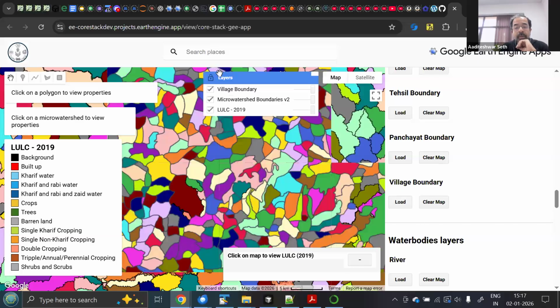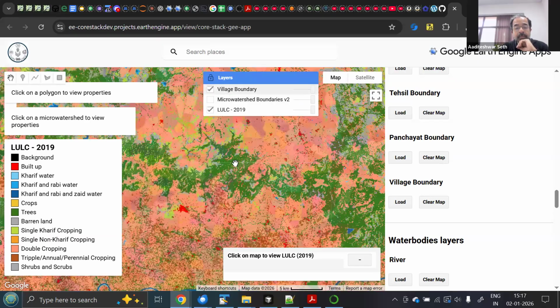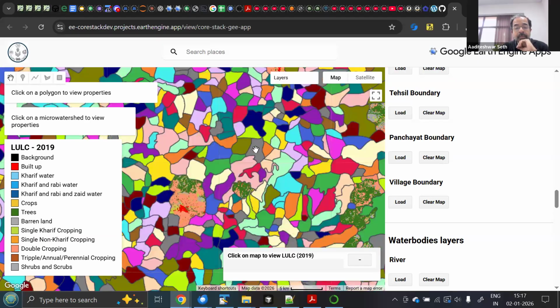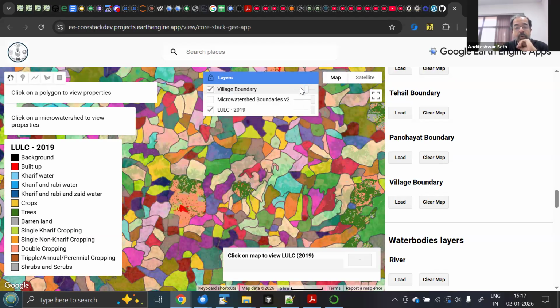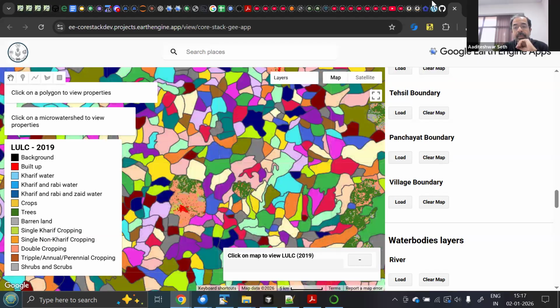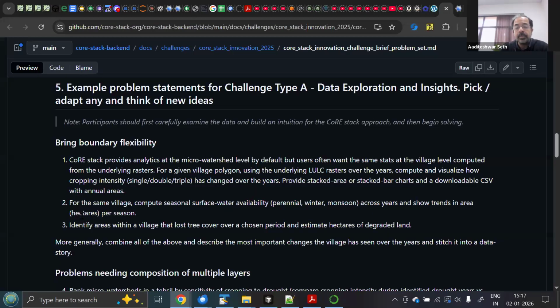So all the boundaries are here. Instead of micro watersheds, they want these computations to be done on the village boundary, on these boundaries, the same data points brought about.